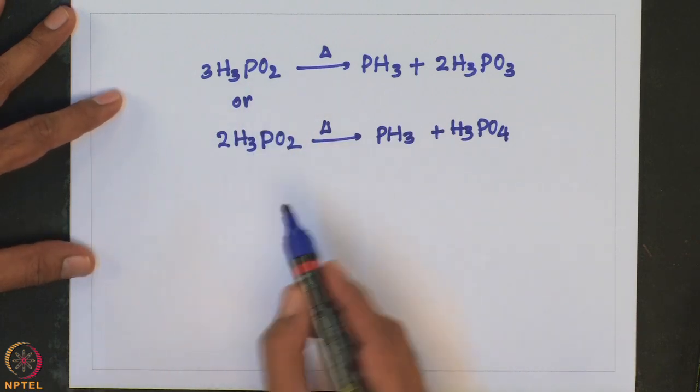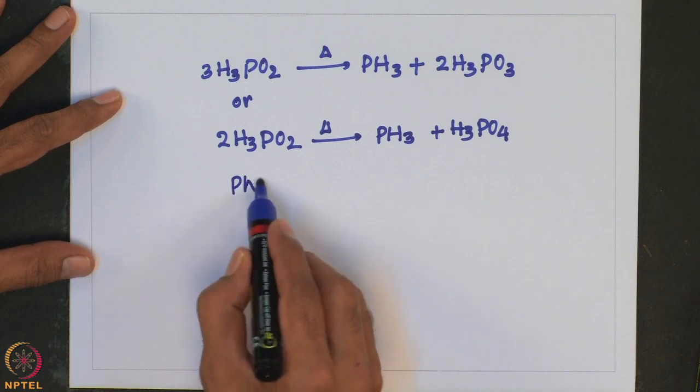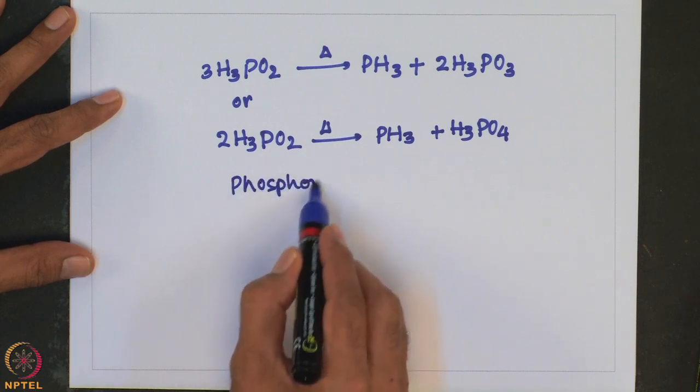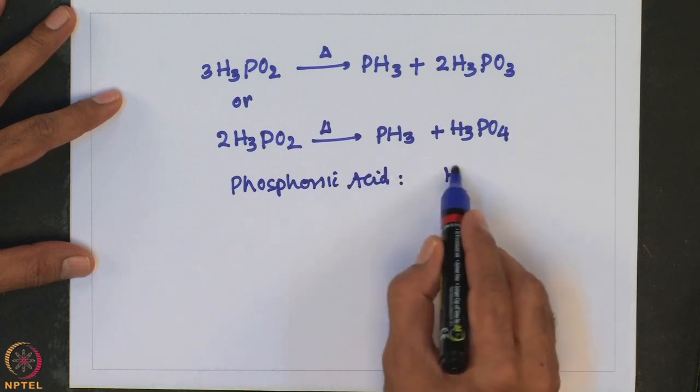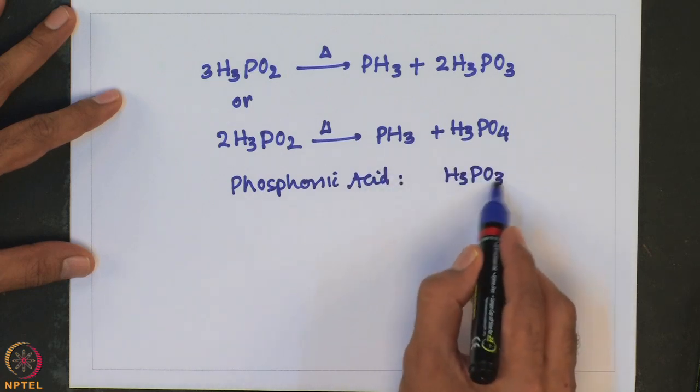Now, let us look into phosphonic acid. This is H3PO3.